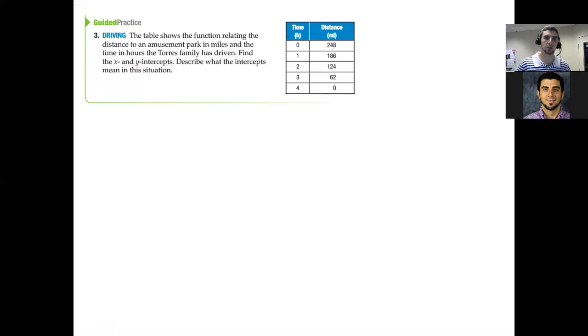All right, we're back. So the table shows the function relating the distance to an amusement park in miles and time in hours the Torres family has driven. Find the x and y intercept, describe what they mean. Okay, so the x-intercept, I'm still on green from before, is 4.